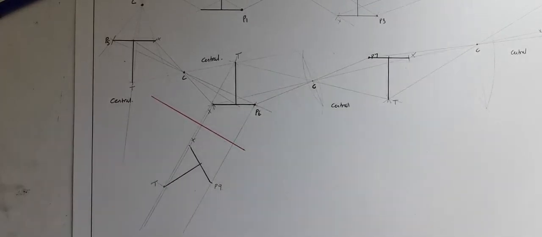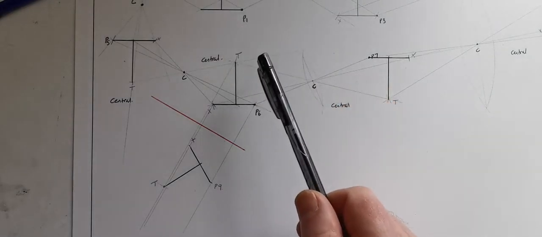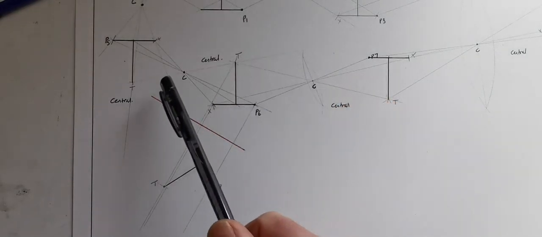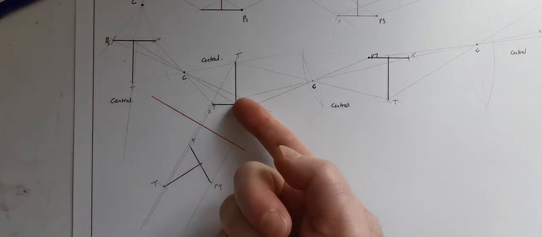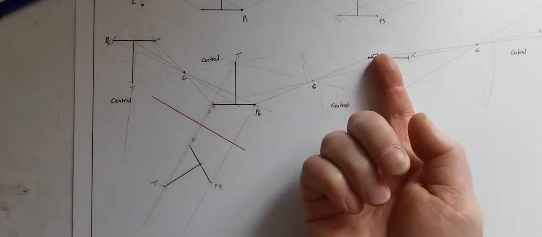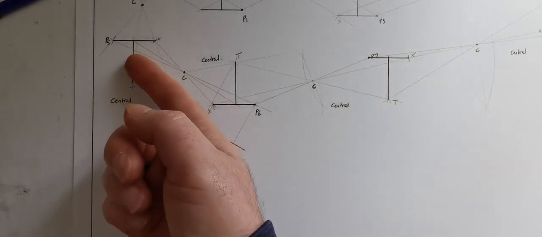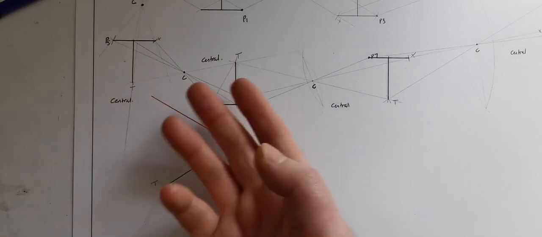Now you can see here, translation never moved the angle at all, and central turns it upside down, but the angle, that was vertical. Central flips it upside down, but it doesn't change the angles.